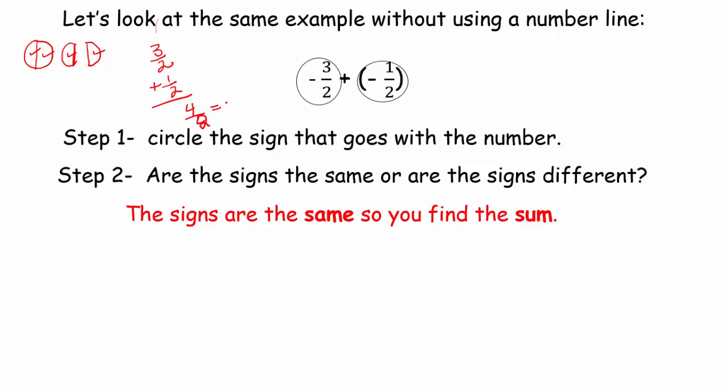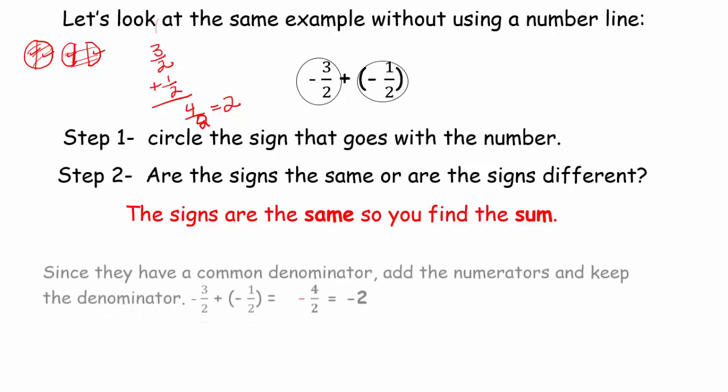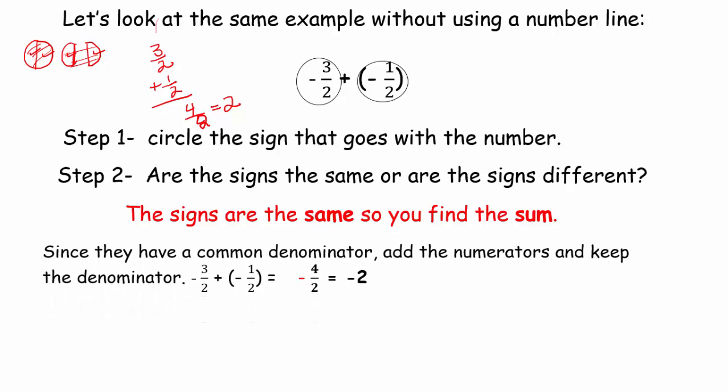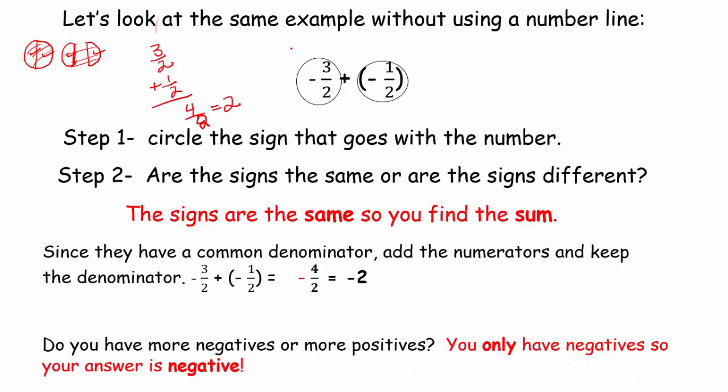And what's 4 divided by 2? Oh, that's 2. 4 halves is 2 whole. If I shove those halves together, I have 1, 2 whole circles. Okay. So the signs were the same, so we found the sum. Since we have a common denominator, we add the numerators, we keep the denominator, and that's just a visual for that. The next thing you want to say to yourself is, what do I have more of?